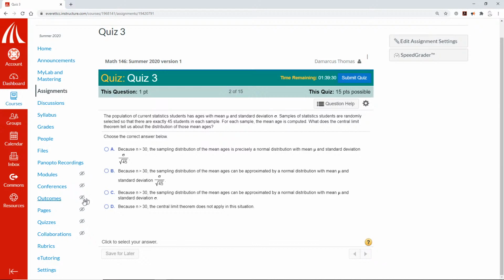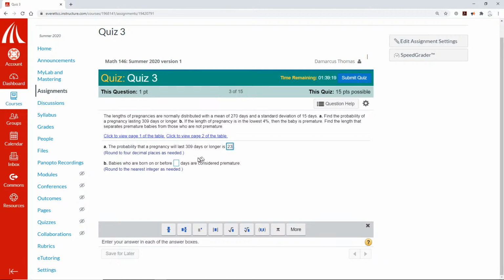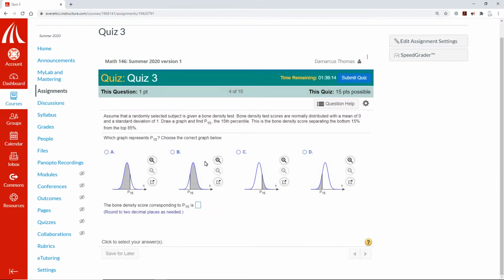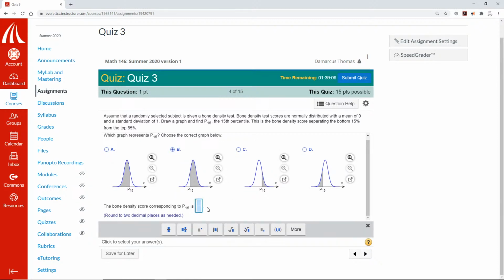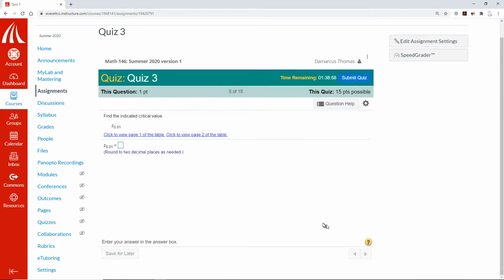Uh-oh. What are they talking about here? There's another one talking about pregnancies. 85 percentile, 5 percentile. It's hard to say. Keep in mind what this means.